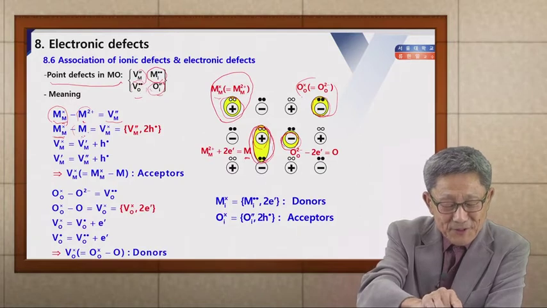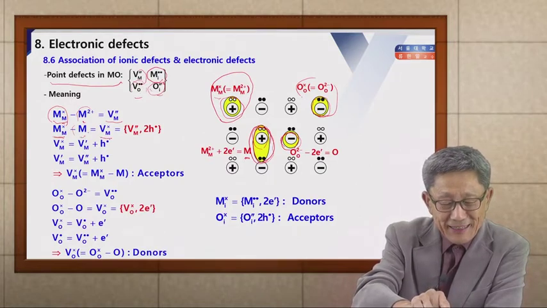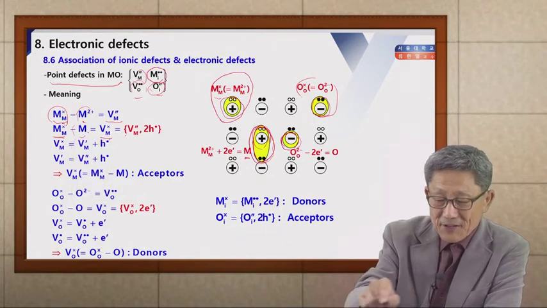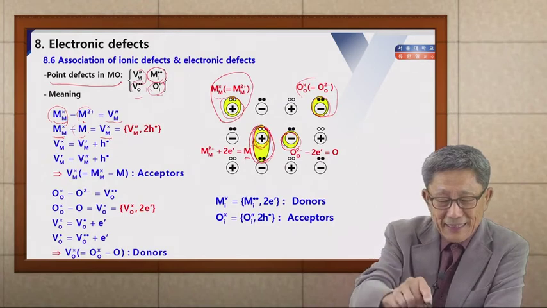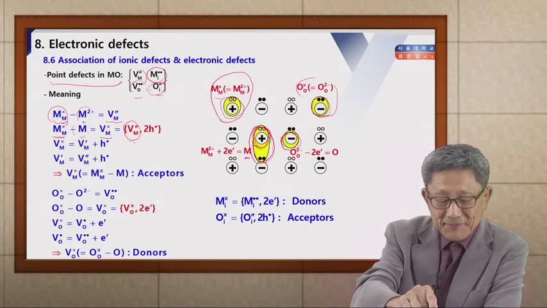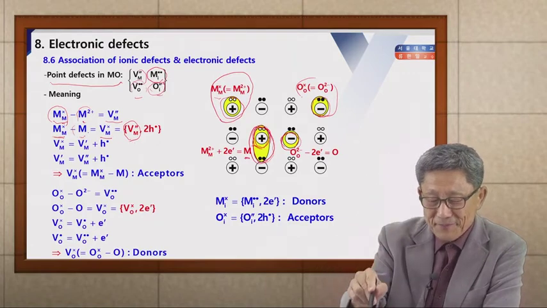Because you took out the neutral M, the missing metal site makes this ionic defect with effective charge of -2.